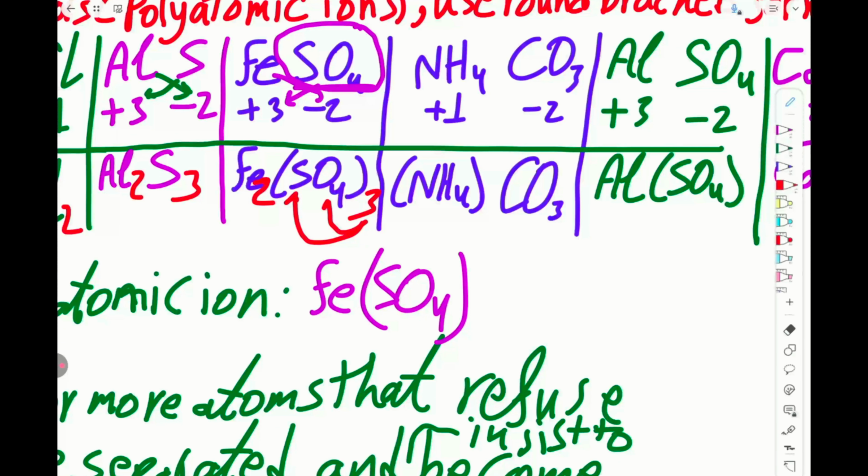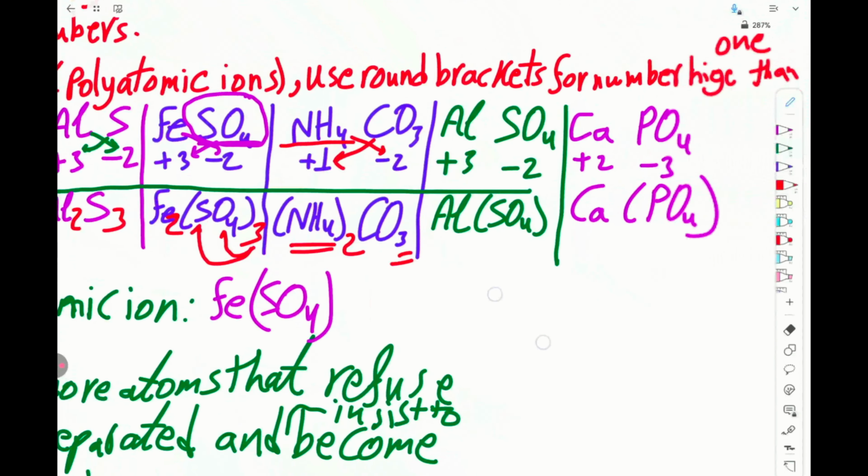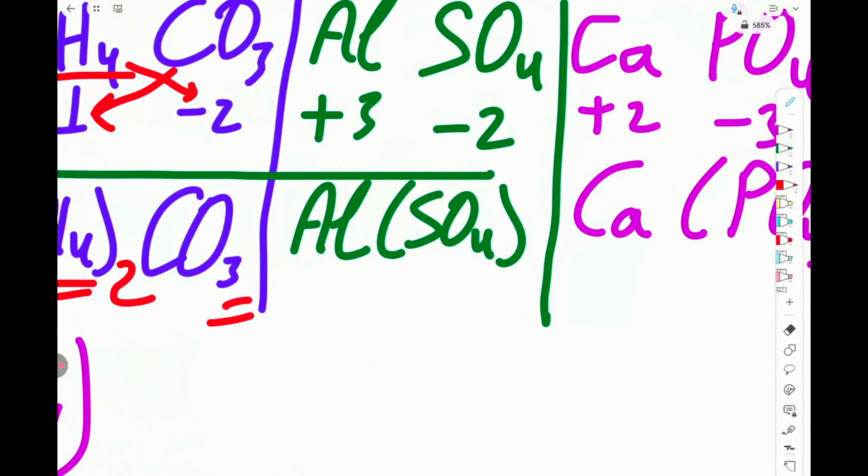Again here, my friends, we take NH4, which needs 2, CO3, we need 1. As long as we need 1, we don't need the parentheses, but here, this is a chemical root, positive chemical root, so we need parentheses, and we add number 2. We have aluminum, SO4.